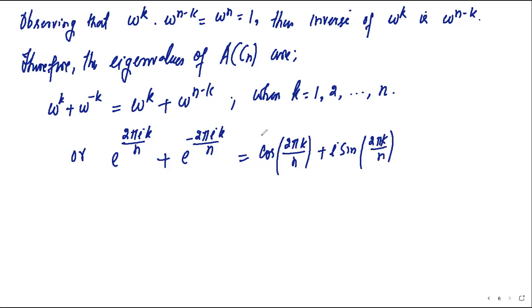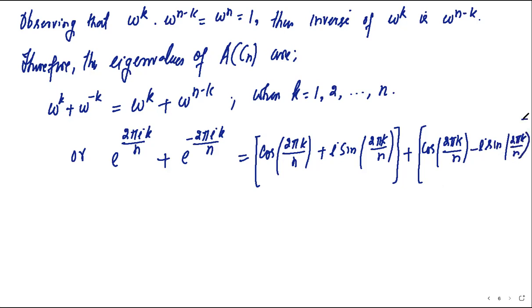So this is the first term. Now similarly, the second term is cos 2 pi k by n minus i sine 2 pi k by n.